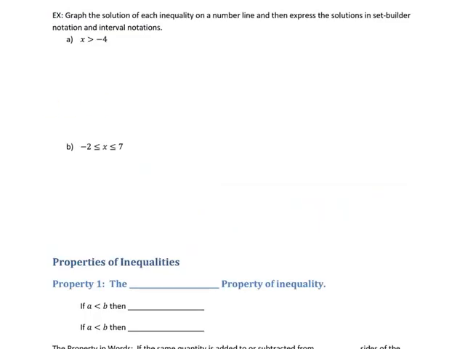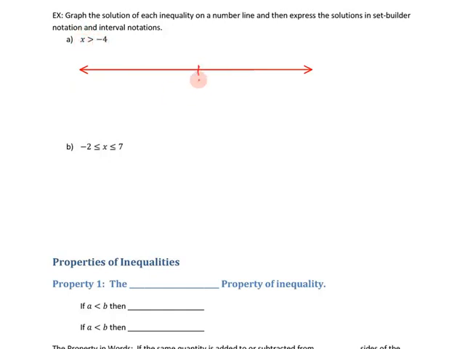So let's say that we're asked to graph the solution of each of these two inequalities on a number line and then write down the solutions in set builder notation and interval notation. Now these are already solved for us in terms of x, so x greater than negative 4. If I wanted to graph that on a real number line, I'd start by drawing my real number line and then plot some points on there. I need to go from negative 4 to the right because I want all numbers bigger than negative 4.